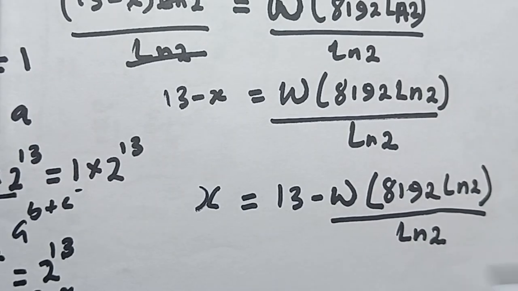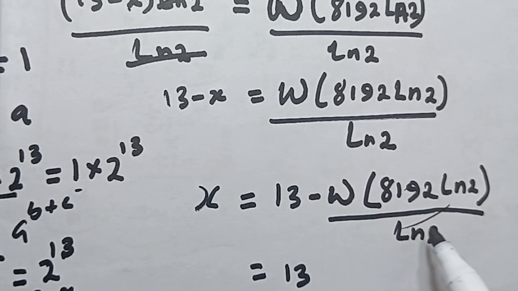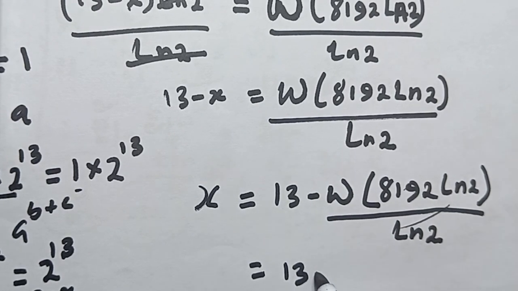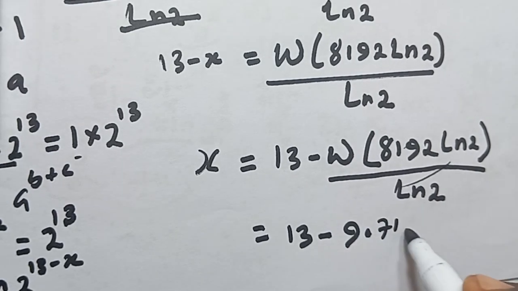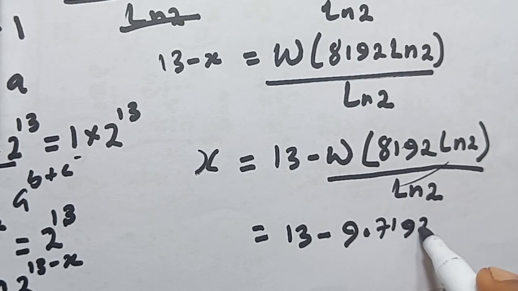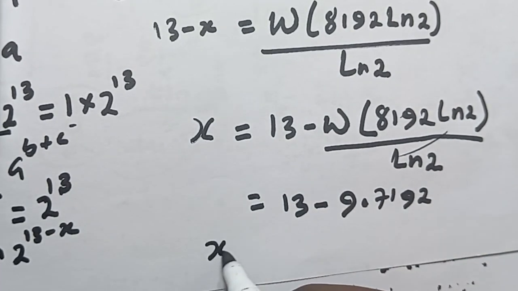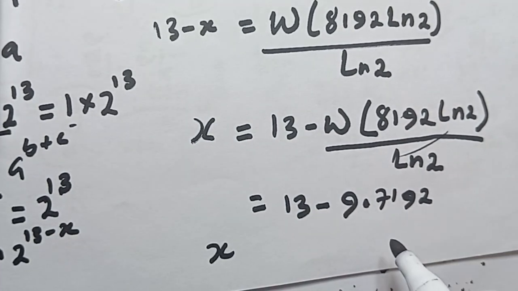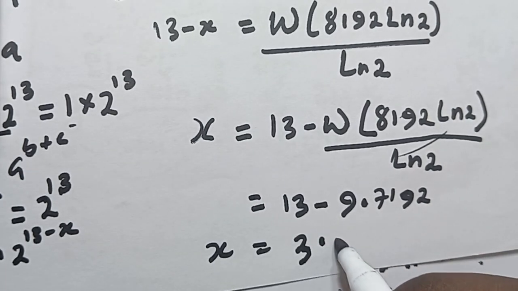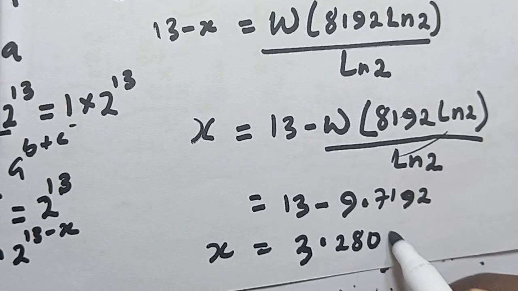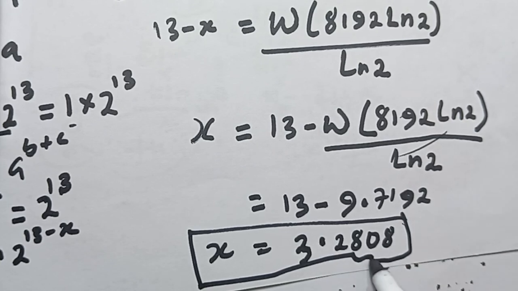Moving on, we can go over to wolframalpha.com to compute this function right here. When you do that, you see that this will give you 9.7192. When you subtract this 9.7192 from 13, what you're going to have is 3.2808, and this is going to be the value of x.